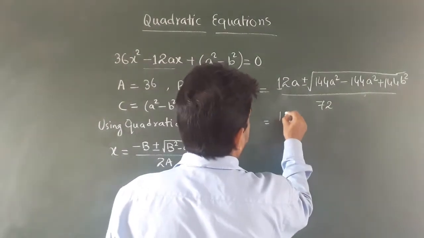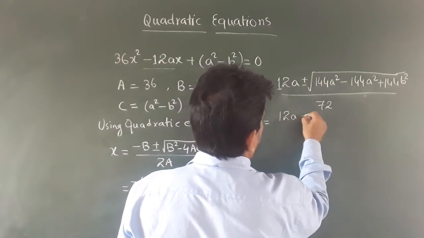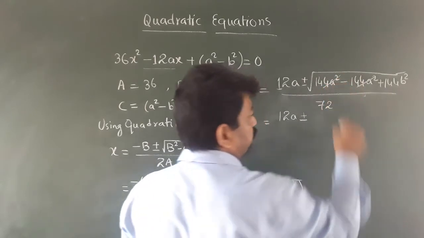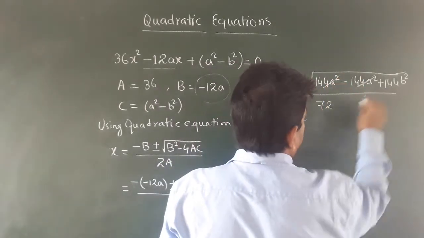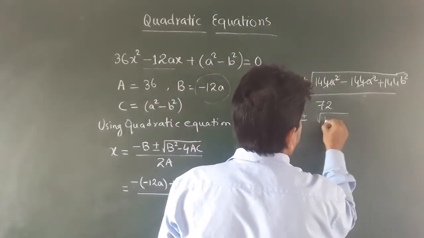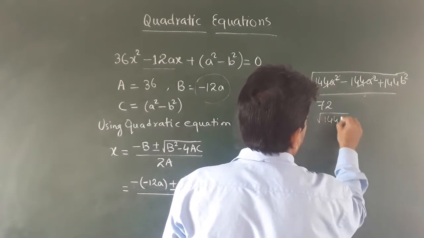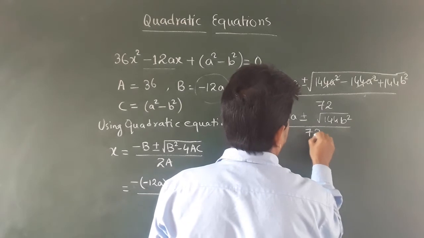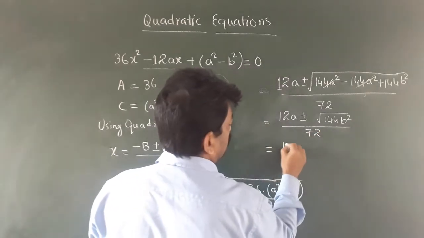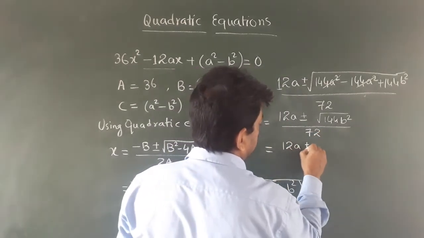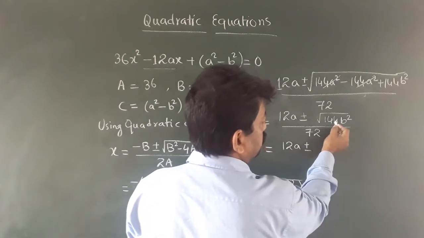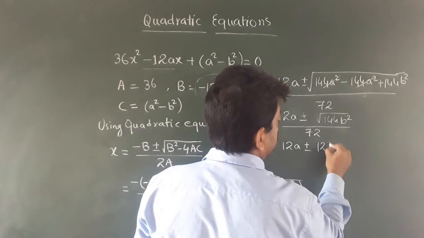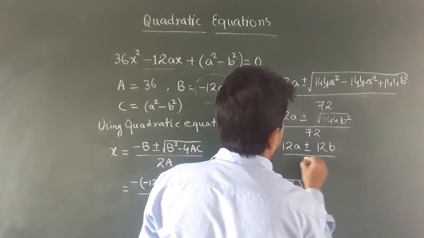So this is 12a plus minus, here 144 a square is cancelled, so it is 144 b square inside the bracket, divided by 72, equals to 12a plus minus 144, root of 144 is 12, root of b square is b upon 72.